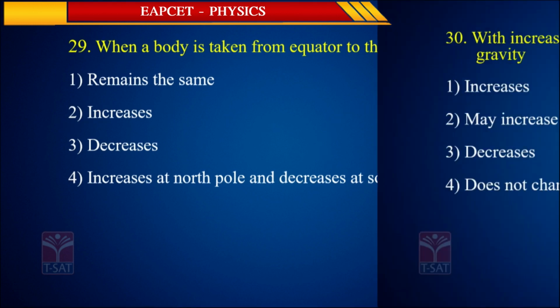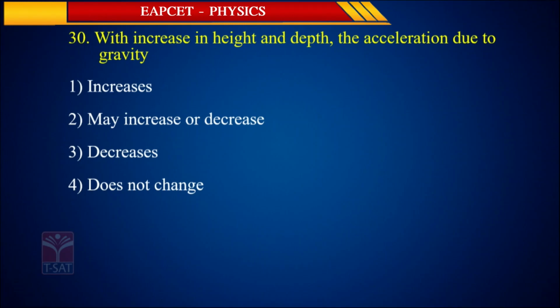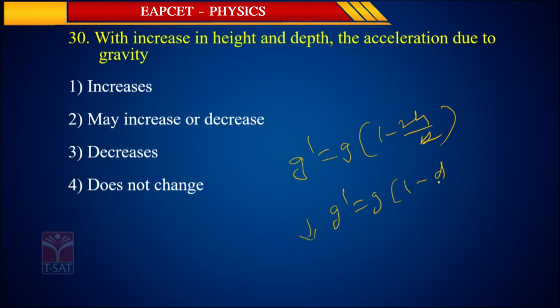Okay, and next, with increasing height and depth, the acceleration due to gravity value decreases. If you go up from the earth or go inside the earth, the acceleration due to gravity value decreases. We saw g dash is equal to g into 1 minus 2h/r, or g dash is equal to g into 1 minus d/r when going to depth. In both cases the negative sign is there.